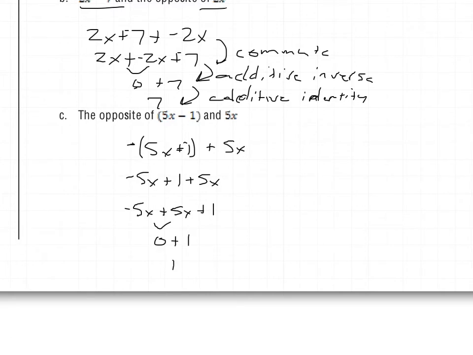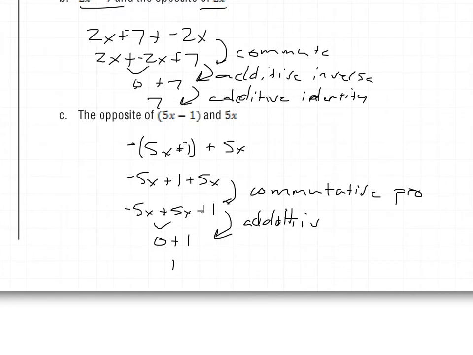So again, we see that same concept that happens over and over and over again. It's going to be a pattern that we use a lot. We see commutative property. Adding opposites, so that's additive inverse, which we know is always going to lead us to the sum of 0.